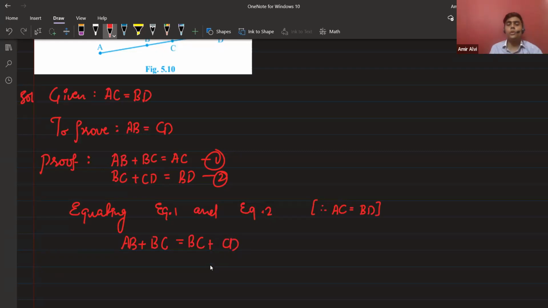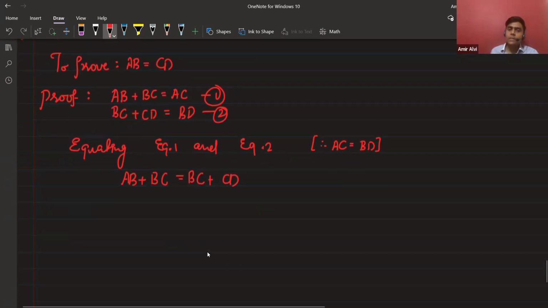Is this clear, Simrat? Yes or no, dear? Please be honest. Yes. Okay. So which axiom should we apply? If equals are added to equals, their whole is equal.